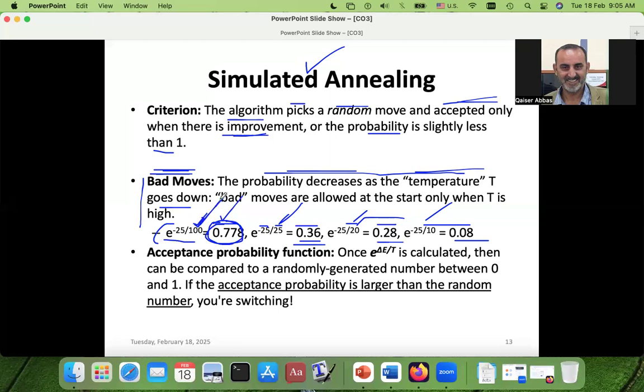Initially it is high, but when your temperature is quite low, maybe 60, 70 or something, the algorithm will not allow a downward move. So this algorithm allows downward moves only in the initial stages; in the intermediate or last stages, it will not. In this algorithm, we have this formula e raised to delta E by T through which we calculate this probability. We can call this formula the acceptance probability function.